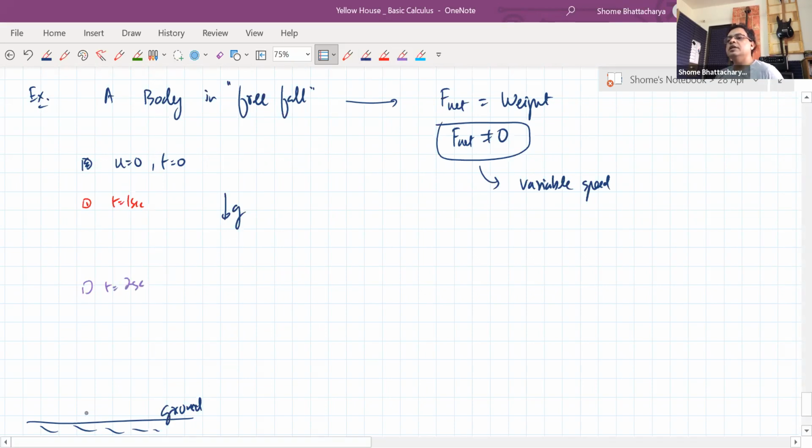After 3 seconds, it might be here. So you can see that in equal intervals of time, it is covering unequal distances. Why? Because the motion is accelerated. It has an accelerated motion.